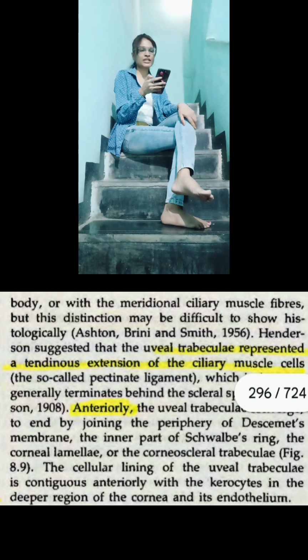Anteriorly, the uveal trabeculae converge to an end by joining the periphery of Descemet's membrane, the inner part of Schwalbe's ring, the corneal lamellae, or the corneoscleral trabeculae. The cellular lining of the uveal trabeculae is contiguous anteriorly with the keratocytes in the deeper region of the cornea and its endothelium.